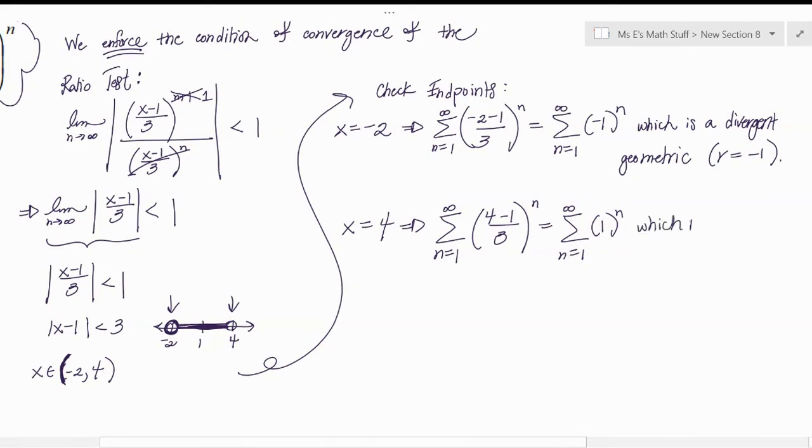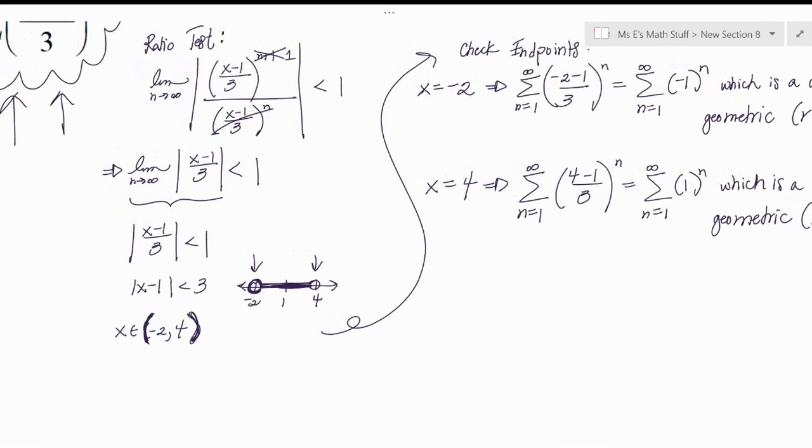So it is a divergent geometric series, since your common ratio is 1. After doing the work to check endpoints, you would leave your answer the way it was with soft brackets on your x values, and now you could call it your interval of convergence.